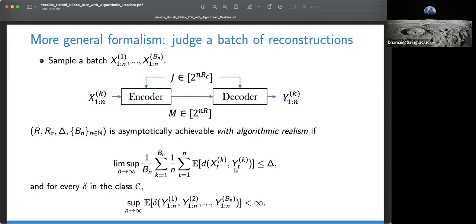But now the main point is how we define realism, or what is our constraint for realism. Again, inspired from previous examples, we want the score not to explode. And now I allow there to be a single sample, but I also allow, and we'll see why this is useful, more samples than just one.